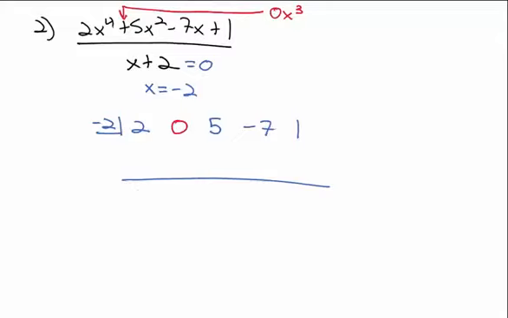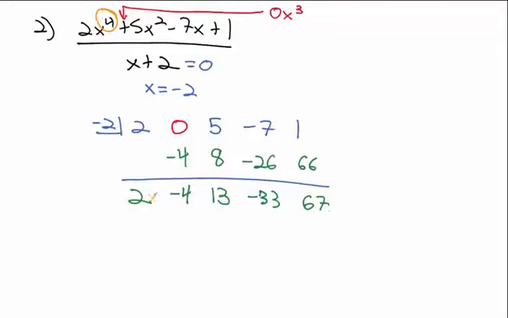Alright, so we've got 2 times negative 2 is negative 4, plus 0 is negative 4, times negative 2 is 8, plus 5 is 13, times negative 2 is negative 26, minus 7 is negative 33, times negative 2 is positive 66, and so we end up with 67.